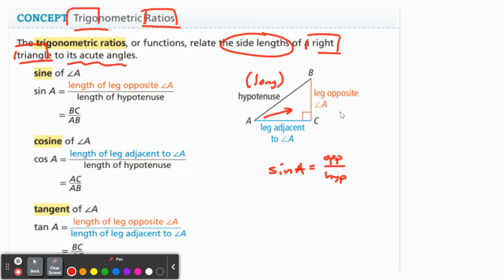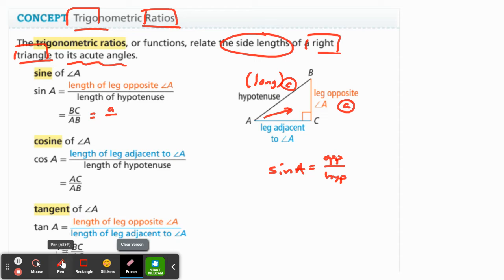So if this is angle A, its opposite side is lowercase a, and then the hypotenuse would be lowercase c, just like in the Pythagorean theorem. So this could also be lowercase a over lowercase c.